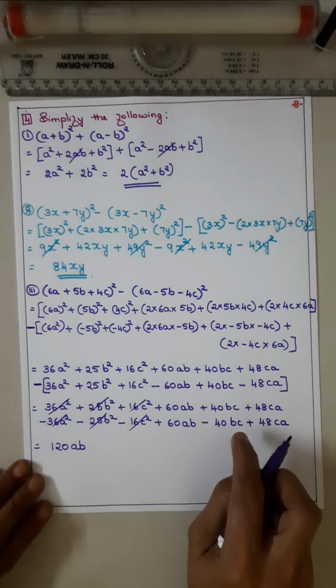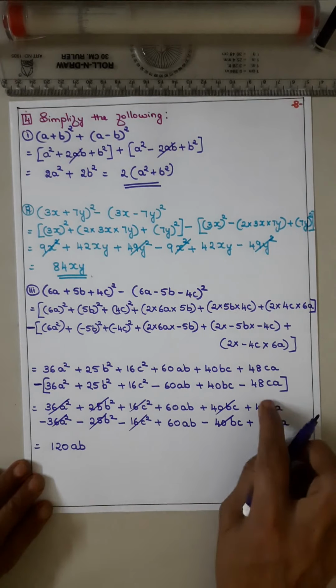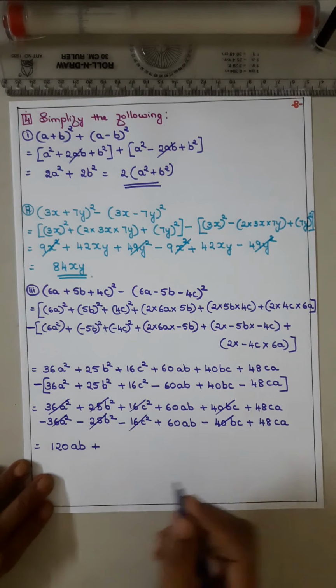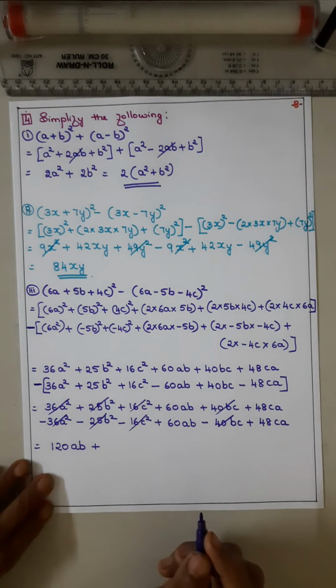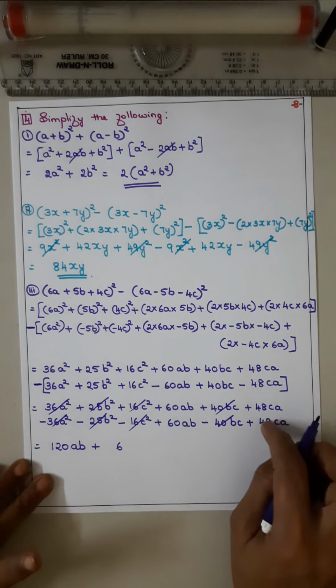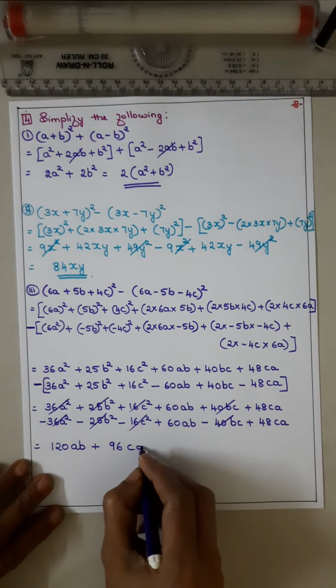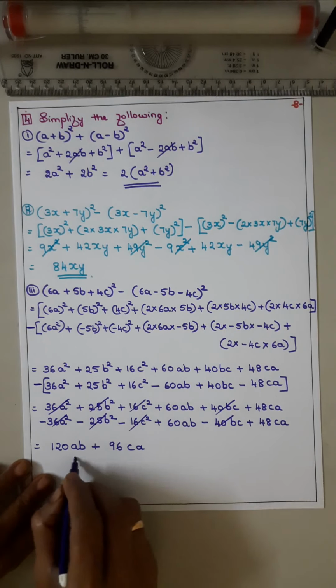Now plus 40 minus 40 BC get cancelled. This becomes plus 48 48. So 8 plus 8 16 1. 4 plus 4, 8 plus 1, 9, CA or AC.